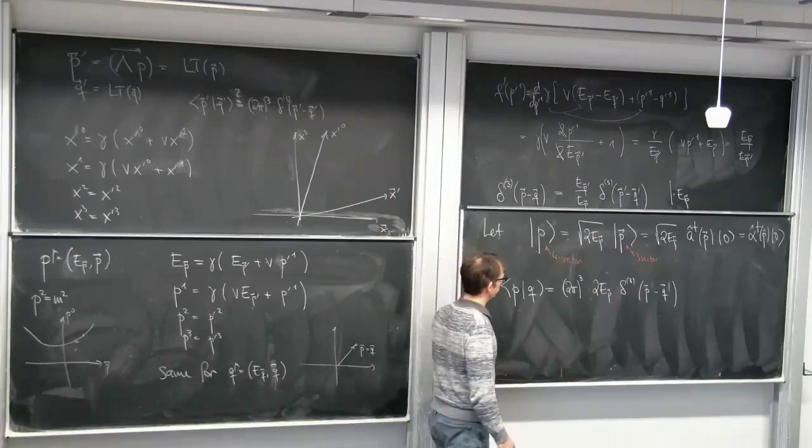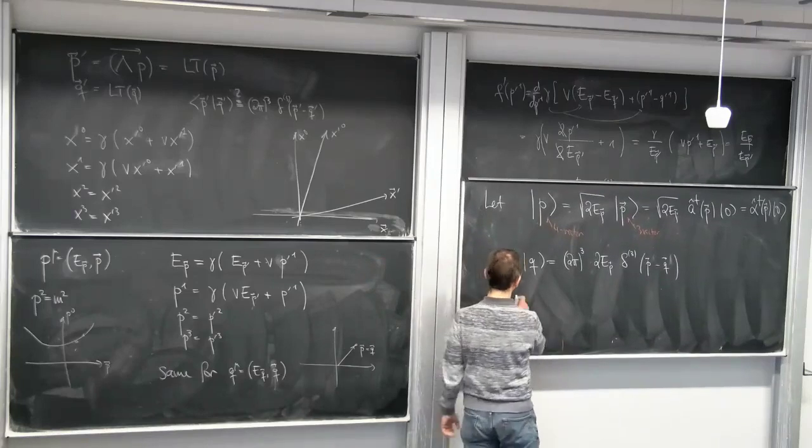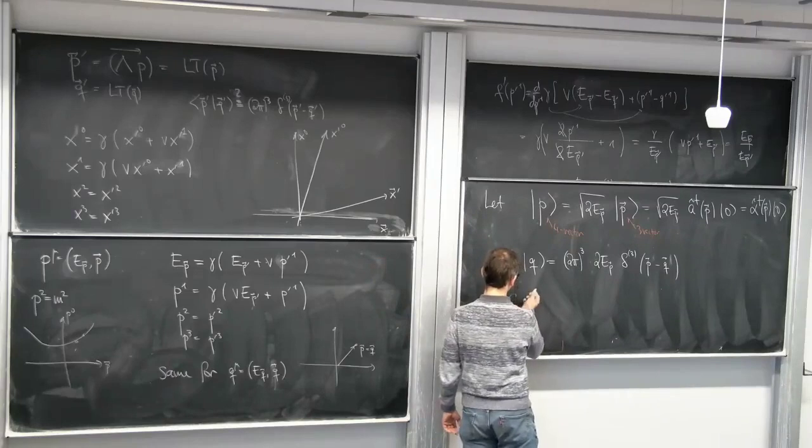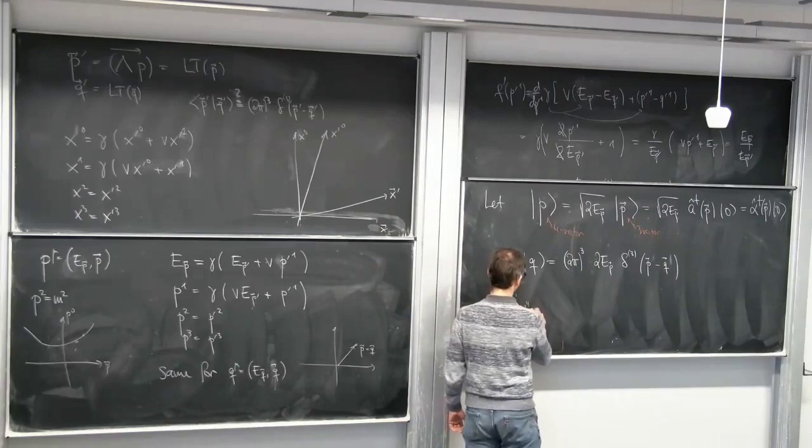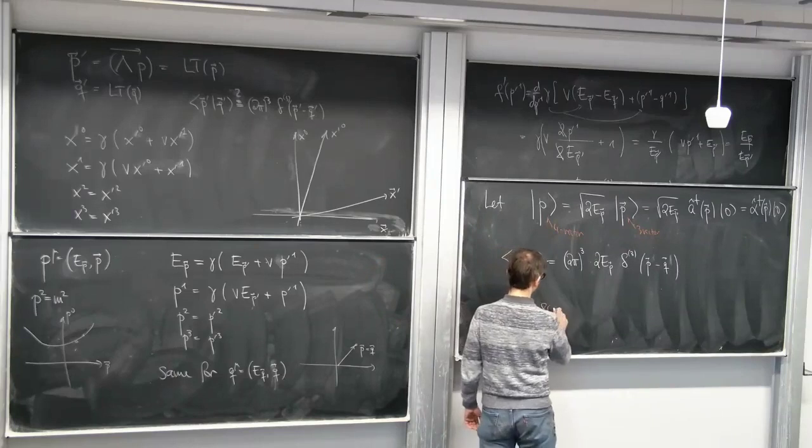You could, for example, do something like this. You write it all 4-dimensional. Maybe it's an integral, so you have the d^4p delta of p squared.